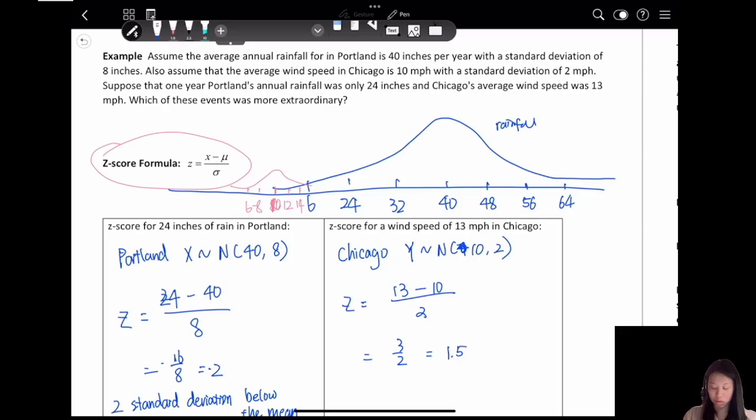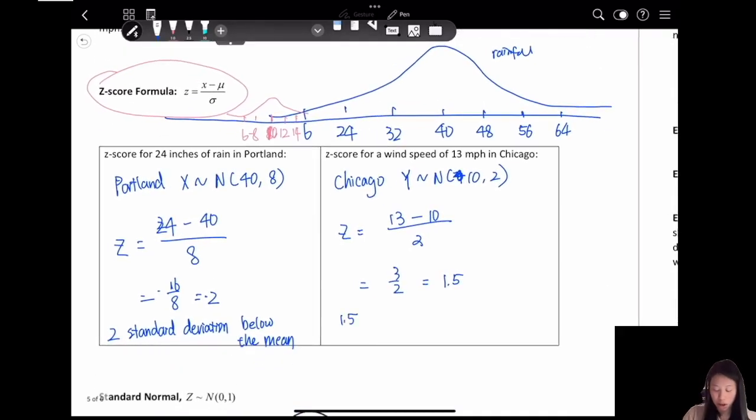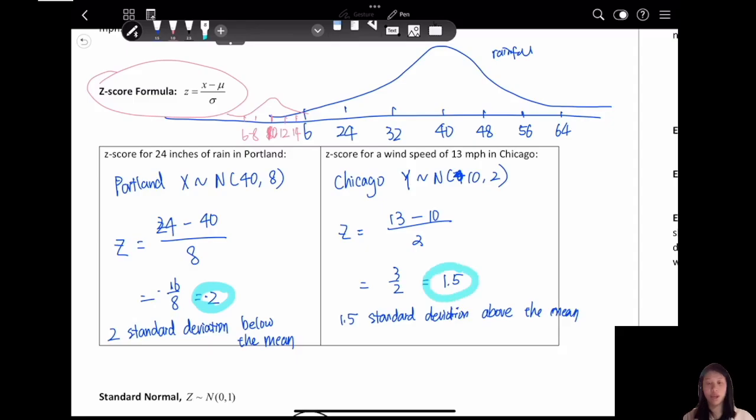So that means it's 1.5 standard deviations above the mean, the center. So basically, the z-score helps you identify how far off a specific value is from the center. Like the Portland rainfall is 2 standard deviations away from the mean, whereas the Chicago wind is 1.5 standard deviations away from the mean.